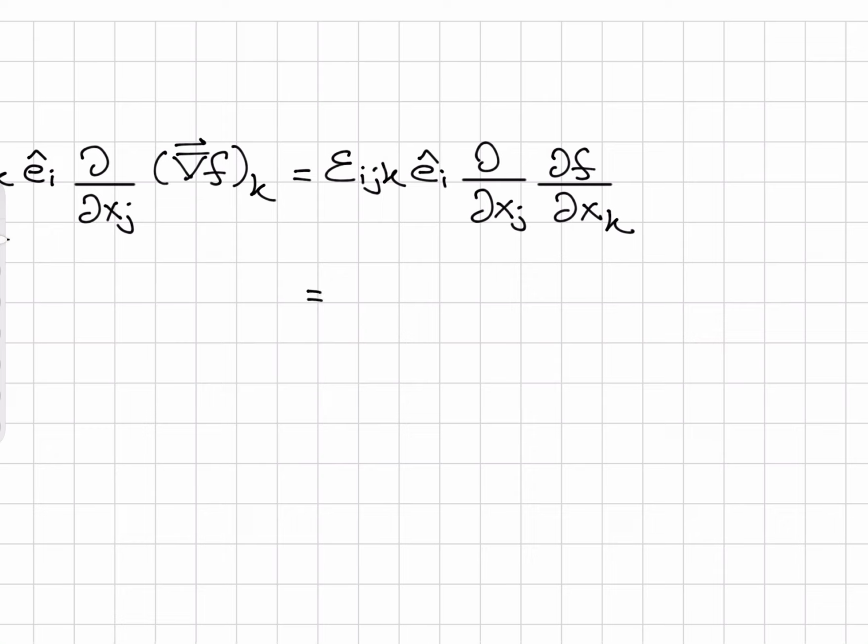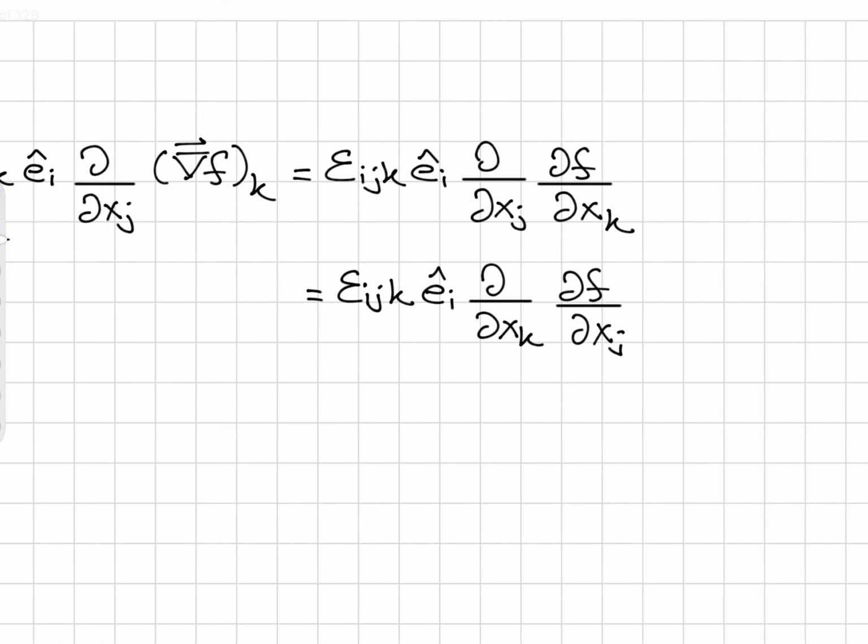Okay, and now I'm going to call k as j, and j as k. So epsilon ijk. Let's first switch the order of the derivatives. This is ei hat del xk del f del xj. I can switch the order of the derivatives, that doesn't matter.